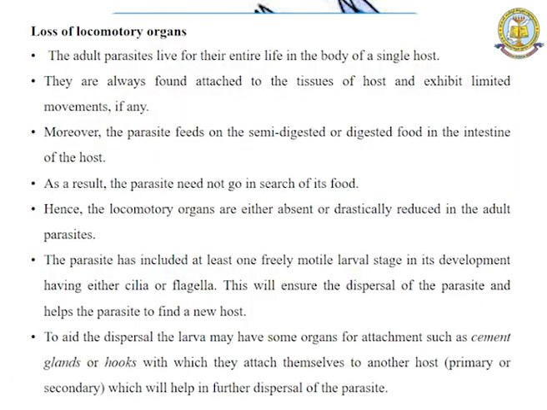To aid the dispersal of larvae, many of these organisms are attached through cement glands or hooks, which attach themselves to another host, and further dispersal of the parasite takes place.